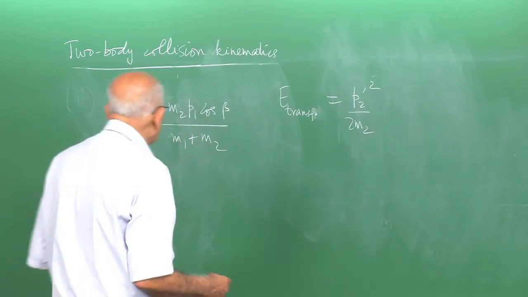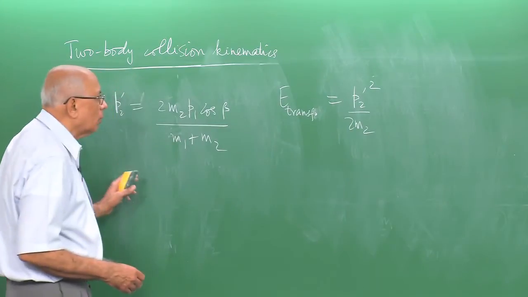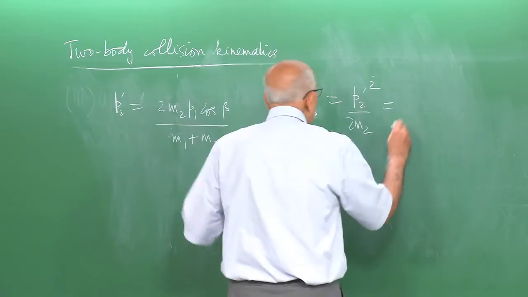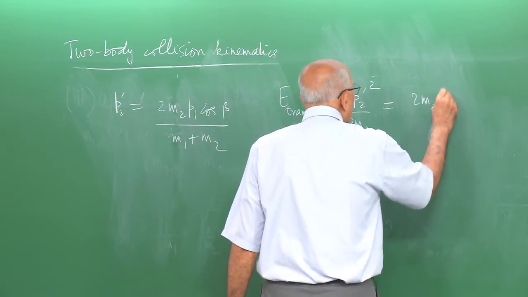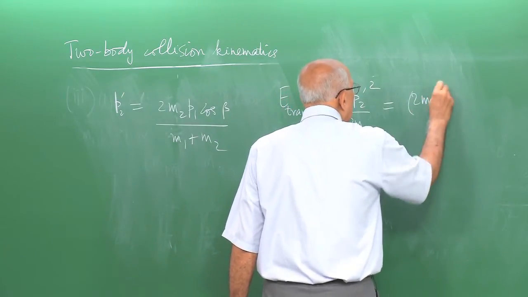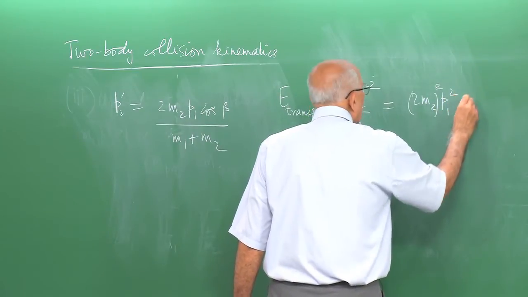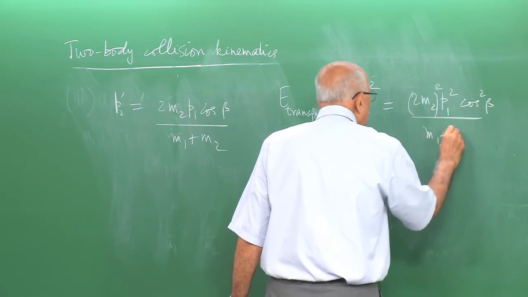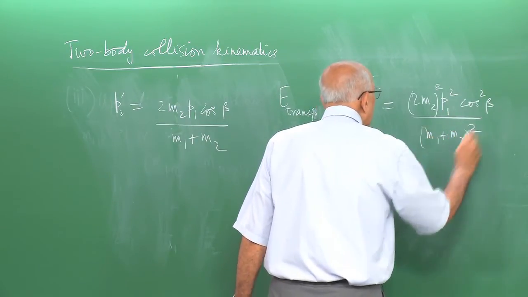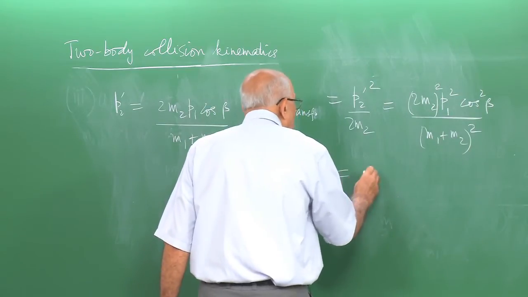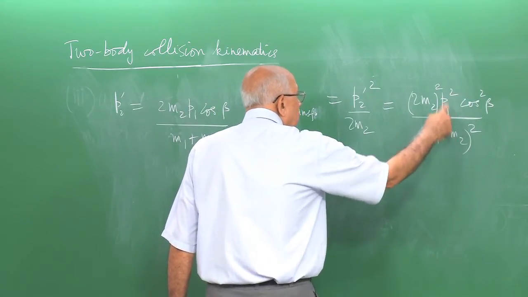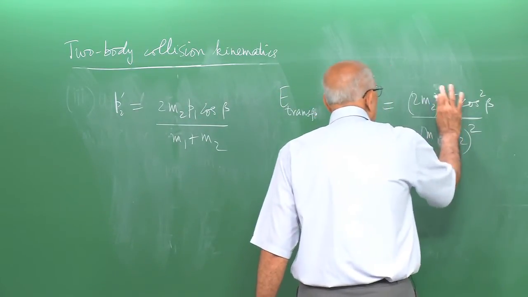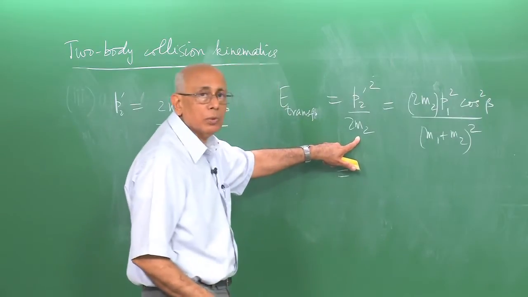So P1 squared minus P1 prime squared over 2m1 is equal to this quantity here, and this is equal to 2m2 squared P1 squared cos squared beta divided by m1 plus m2 the whole squared, which can also be written as follows. Sorry, there's a 2m2, so this goes away because I divide by 2m2 here.